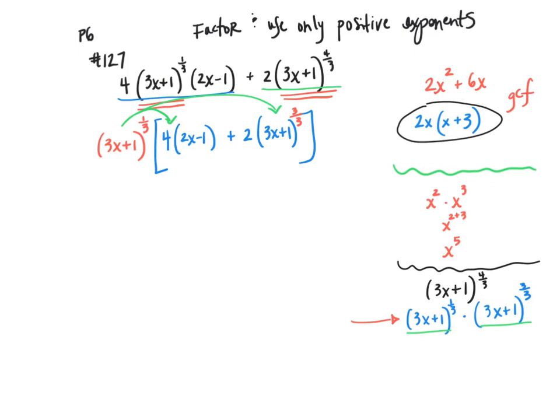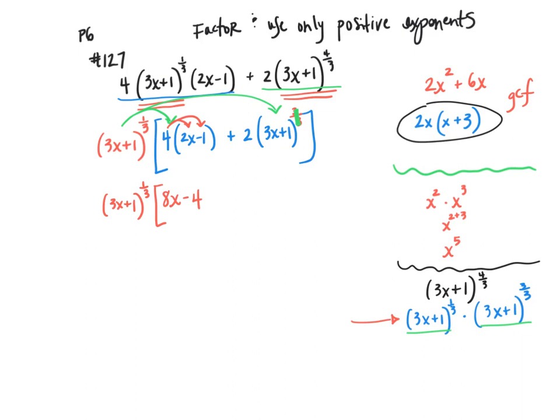Then I kept my 3x plus 1 to the 1/3, that common factor, and I started simplifying my big old bracket. This was pretty easy. I just distributed this 4 so I could look at things a little better, and that was 8x minus 4. Then I noticed that 3/3 is really just to the first power, so I can just drop that.